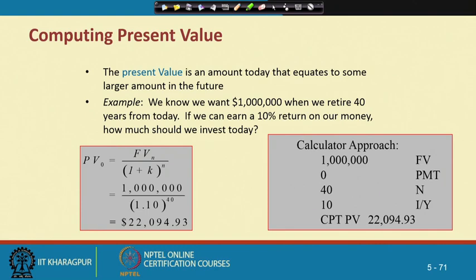This is another example where you have an investment and cash flows, and what should be the present value of an investment. For example, we want to invest some amount, and you would like to know how much to invest every month when you need a big amount at a particular period of time, and the present value criteria will help you a lot to make this kind of decision.